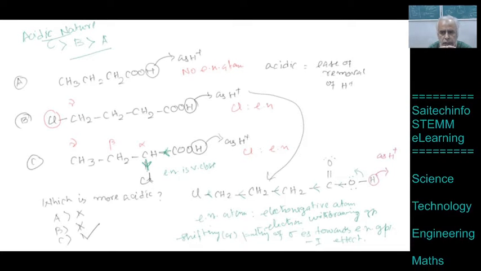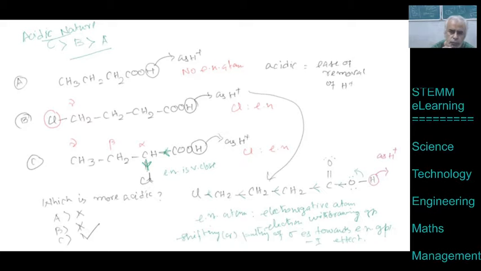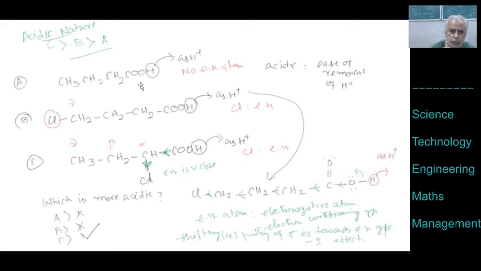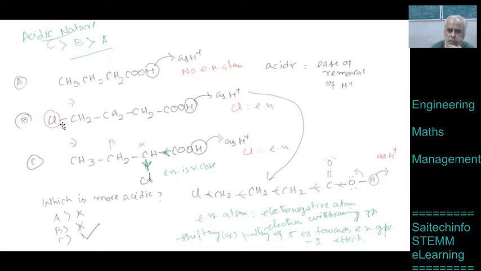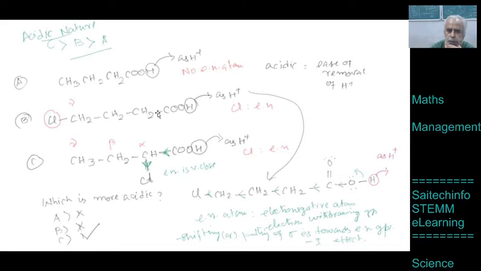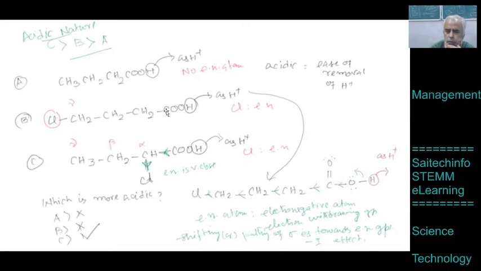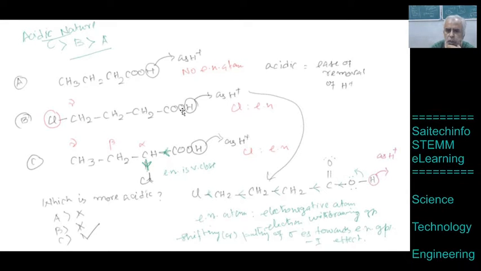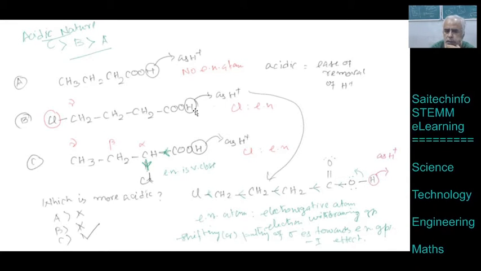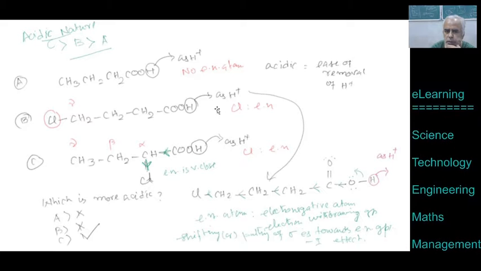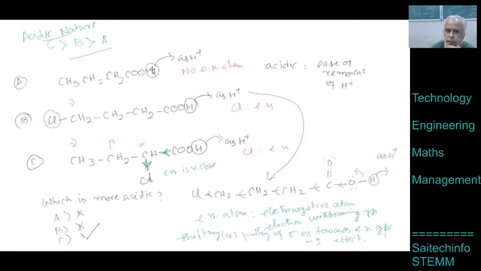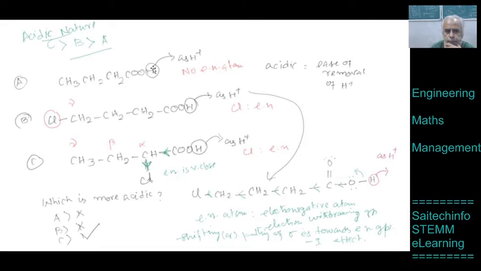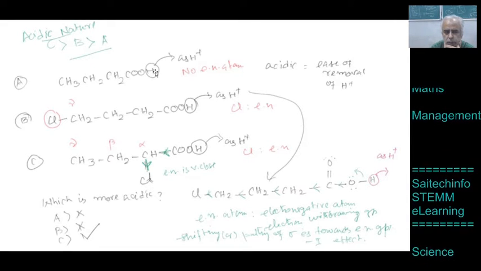We know acidic nature is ease of removal of H plus ion. Let us consider B. This is gamma chloro, that is, the position is 4 from the carboxylic acid, and here the tendency to remove H plus is slightly increased, but better than, of course, the first compound.